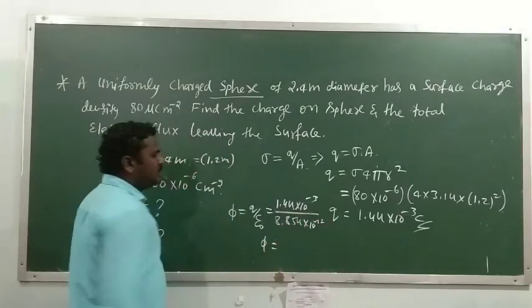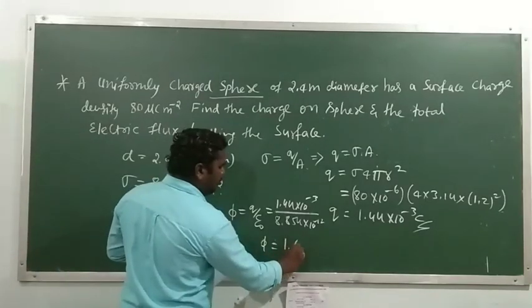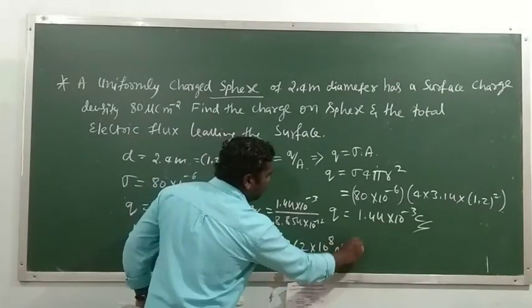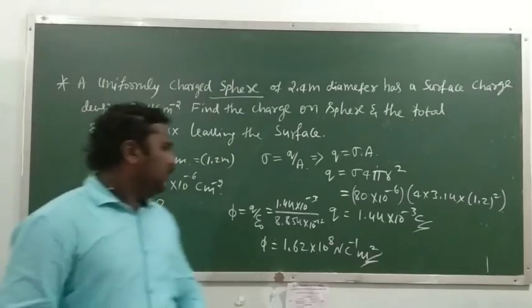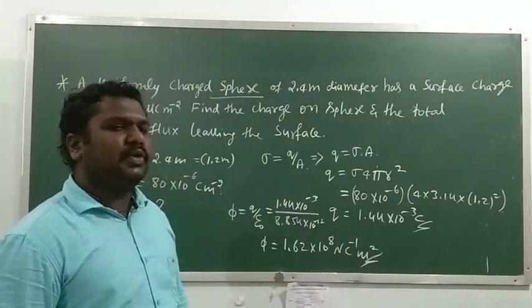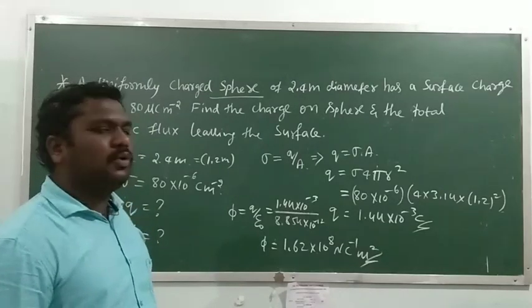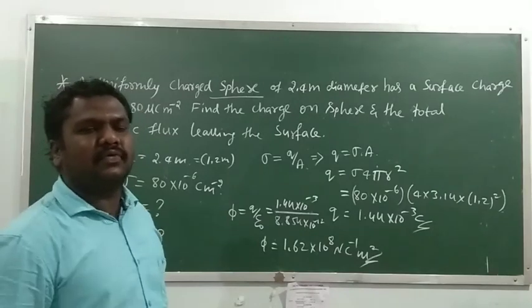Then the flux phi, we are going to get it as 1.62 into 10 power 8 Newton per coulomb meter square. Like this, we have to solve the numericals related to the Gauss law and applications of Gauss law.